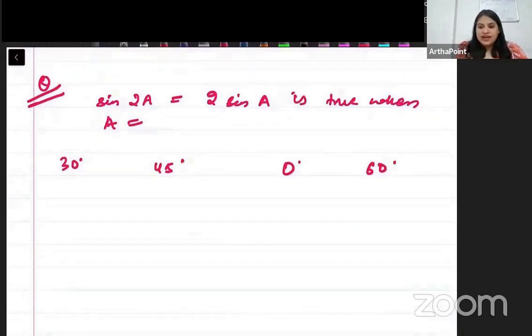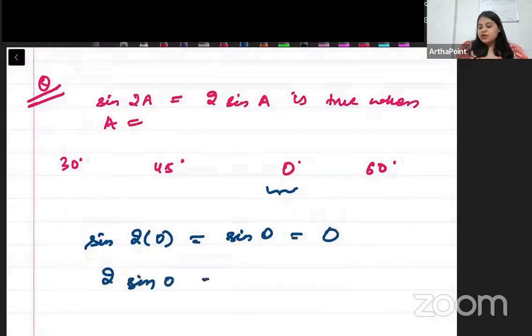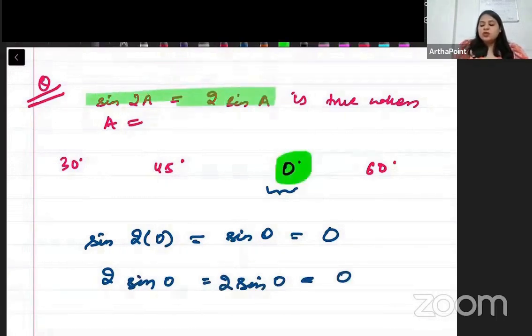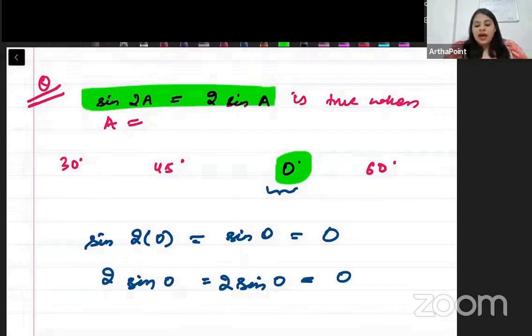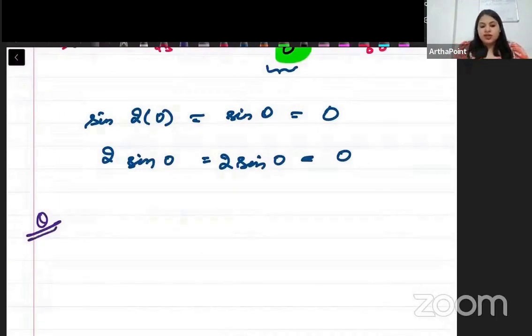If I do it by hit and trial and put 0, sine 2 into 0 will be sine 0, which is 0. And 2 sine 0 will also be 0. So both give me 0. If it is 0, these two will be equal to each other, and therefore that will be the correct option.